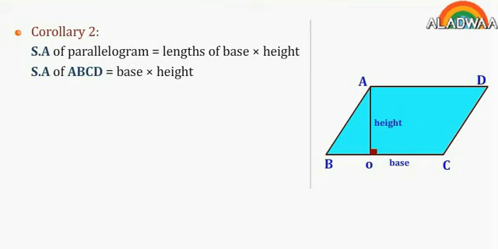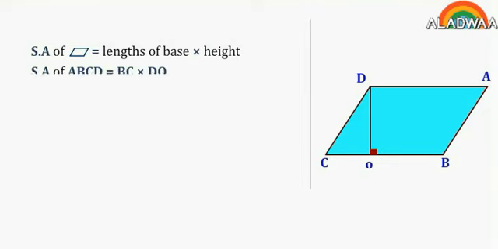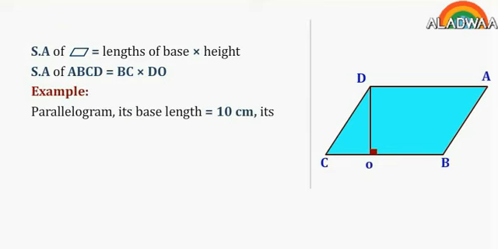Then, the surface area of ABCD equals BC times DO. Example: a parallelogram has base length 10 cm and height 6 cm. Find its surface area. Solution: the surface area equals 10 times 6 equals 60 centimeters squared.